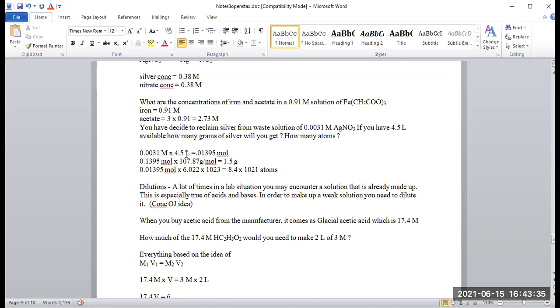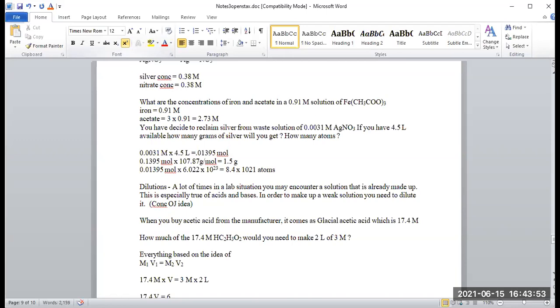How many atoms, though? And I just realized when I copy pasted this from something else, it deleted my exponent. This is supposed to be 6.02 times 10 to the 23rd.